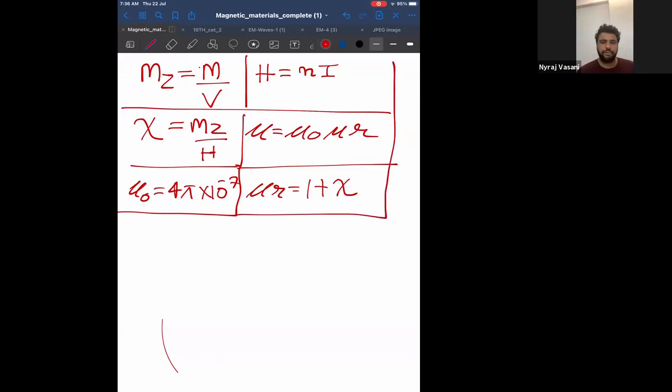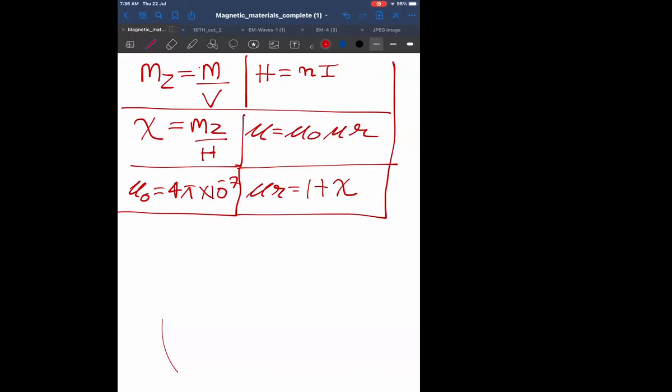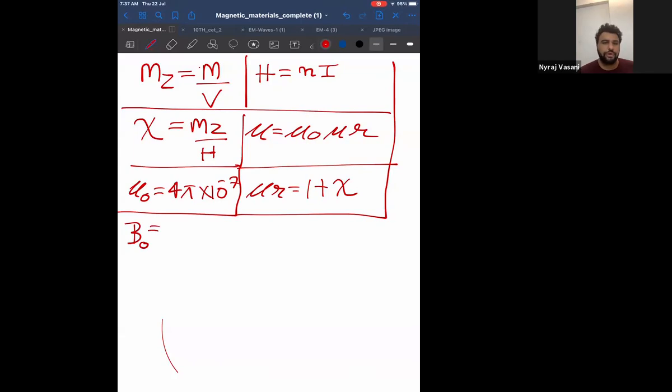Correct? Then, what is the next formula we have done? Magnetic field inside the solenoid, or for a non-metal. And what is the magnetic field inside a metal, or of a metal?